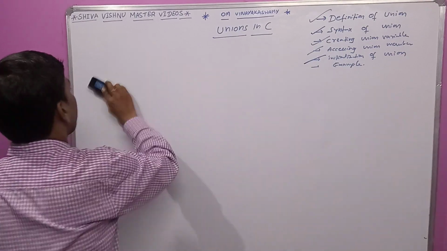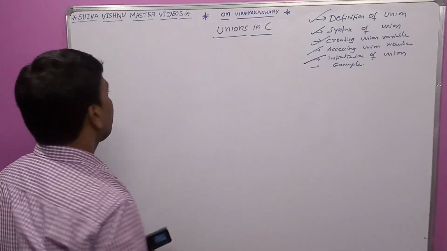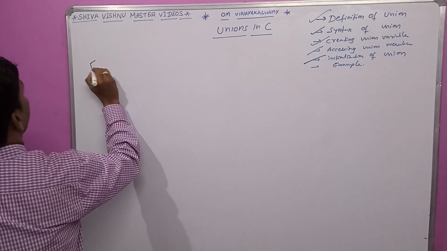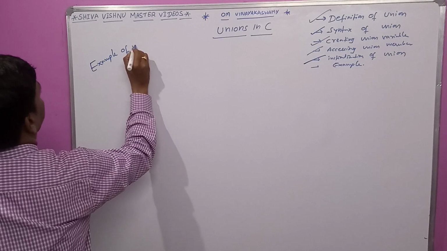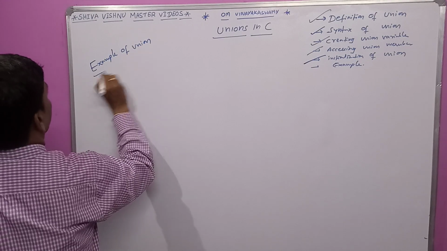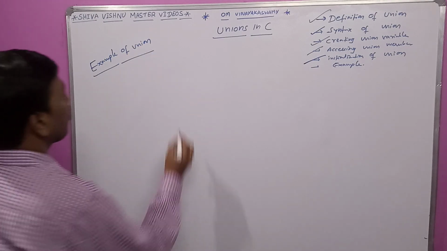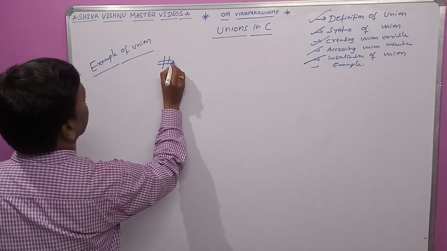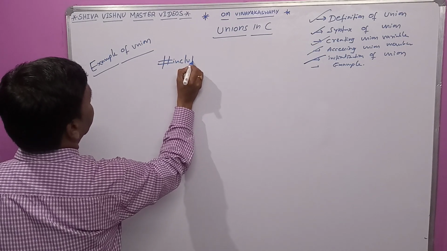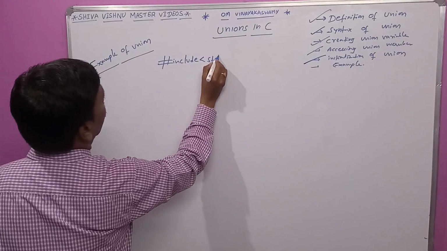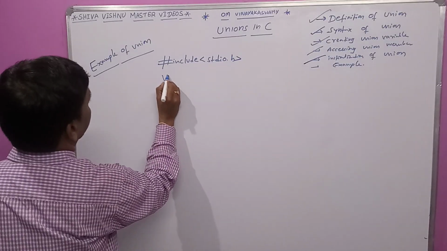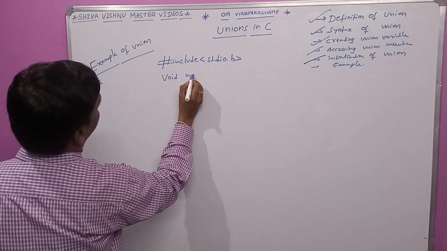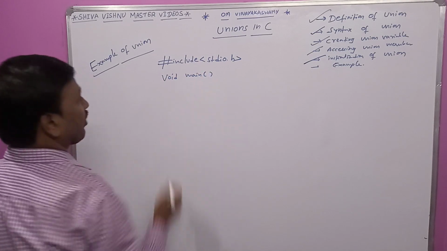Here you can see one example program. Example of union. Include stdio.h, the standard input output header, then void main function.